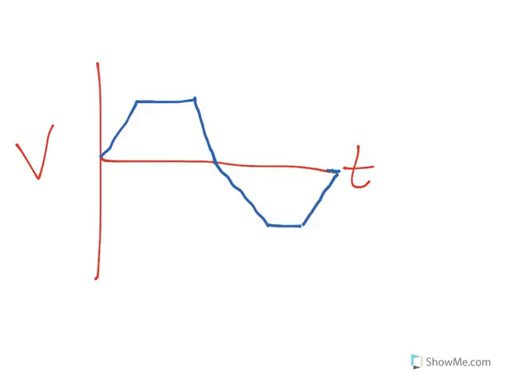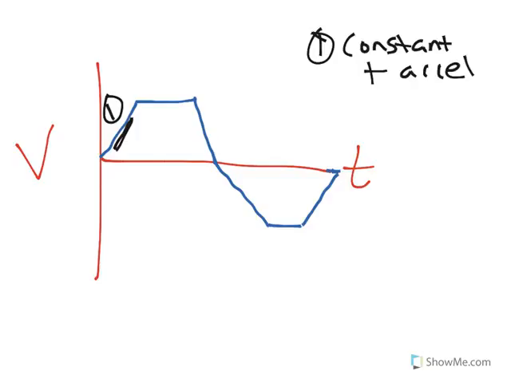So let's talk about what's going on at each point. During this first section right here, we should notice that it's a constant acceleration. The velocity is constantly changing. So under section 1, you have a constant positive acceleration.